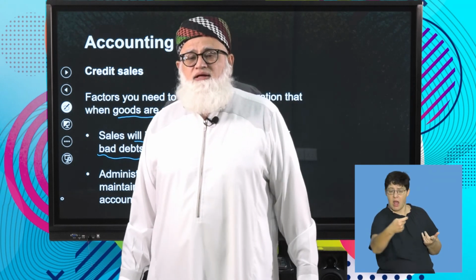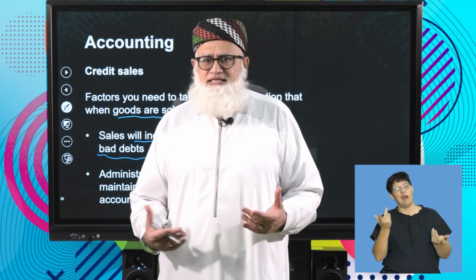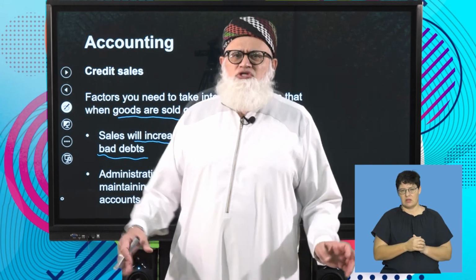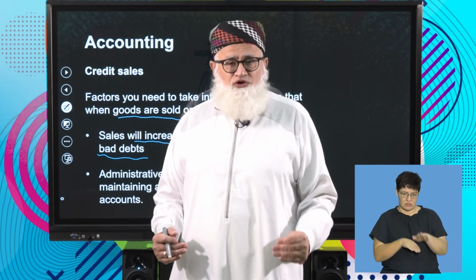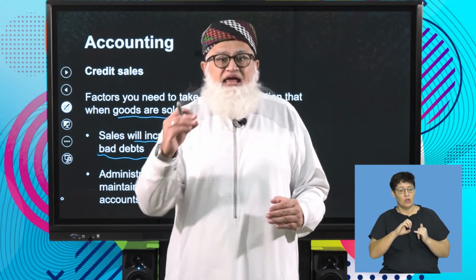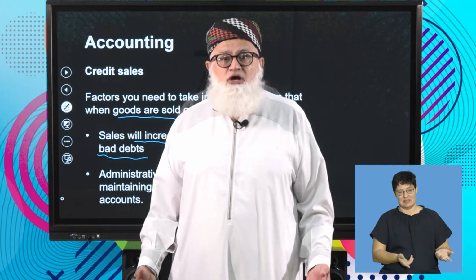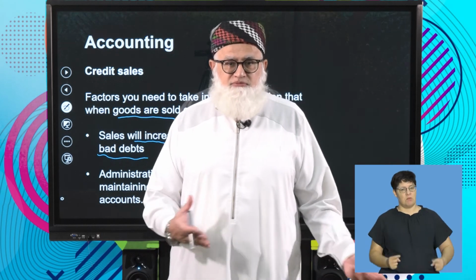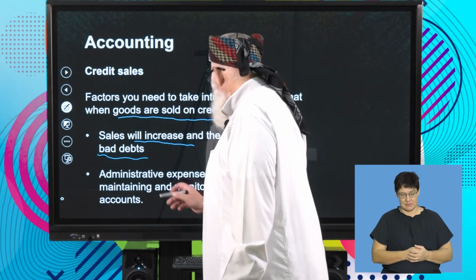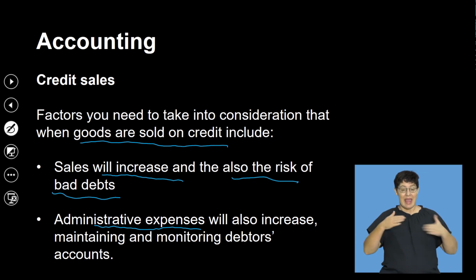Just a further explanation on bad debts. Don't take for granted, as in a school situation, that you just write off a bad debt. No, you follow processes. Due process is followed to ensure that we try every possible means to recoup the debt. If that is not possible, then the last measure would be to write off the debt as a bad debt, as an irrecoverable debt. Also, with credit sales, you're going to have an increase in your admin expenses.